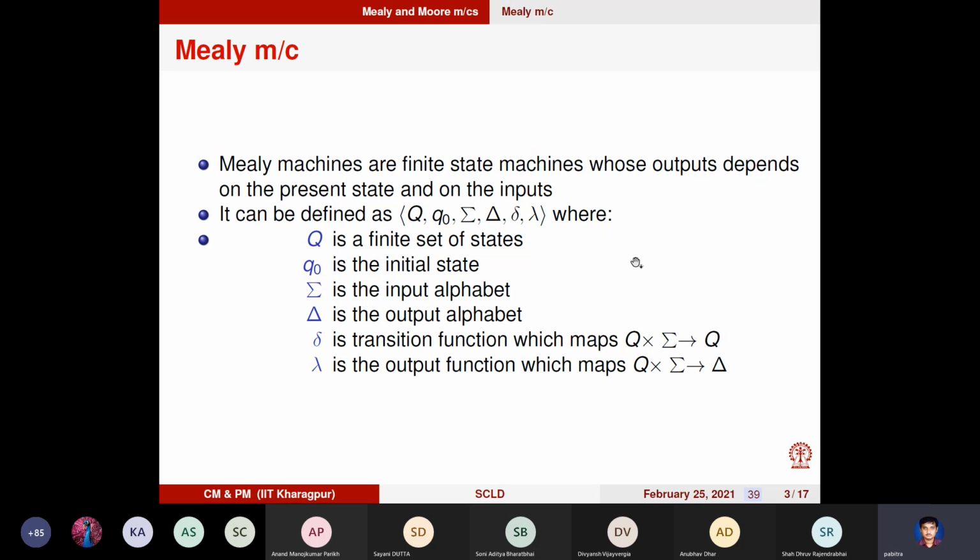So basically, all I'm saying is that there is a set of states, an input alphabet, an output alphabet, a transition function, and an output function.